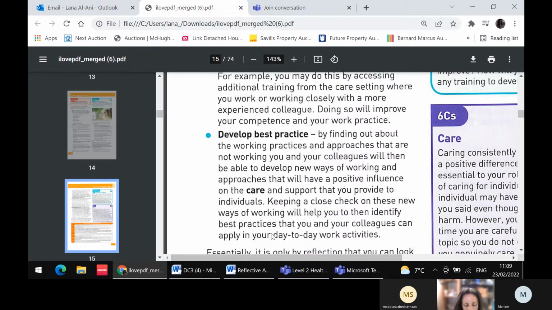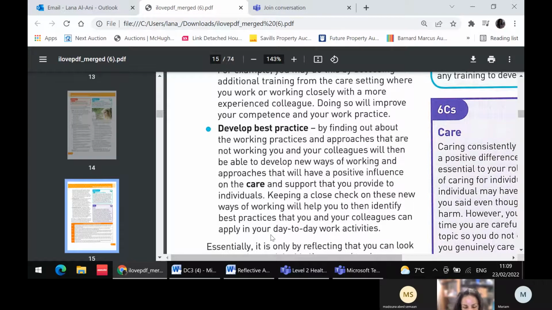And also you can develop best practice by finding out about your work practice and approaches that are not working. You and your colleague will then be able to develop new ways of working. So that will develop best practice.